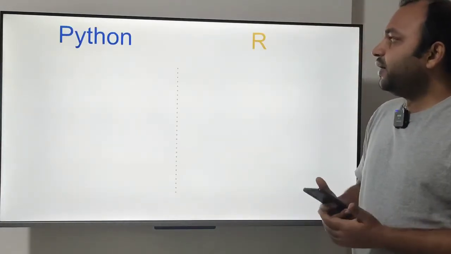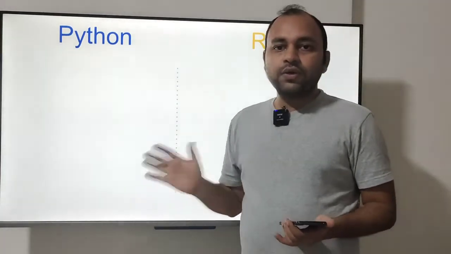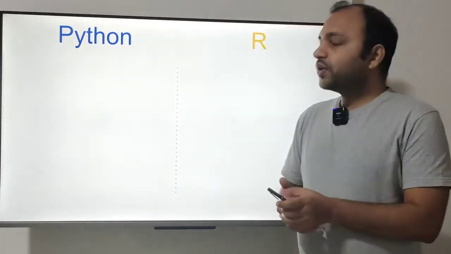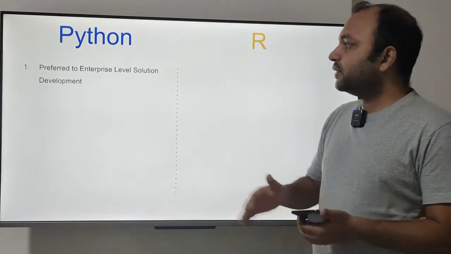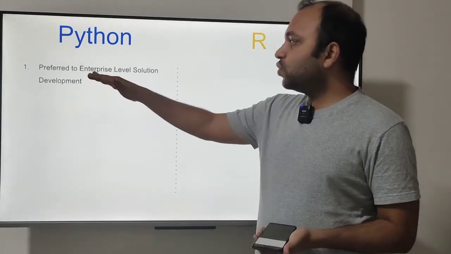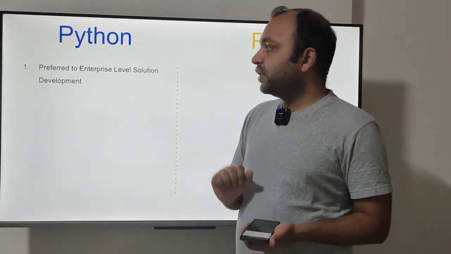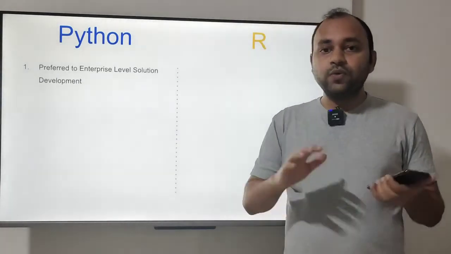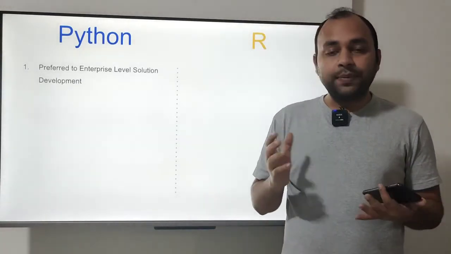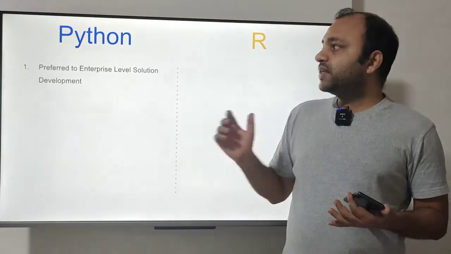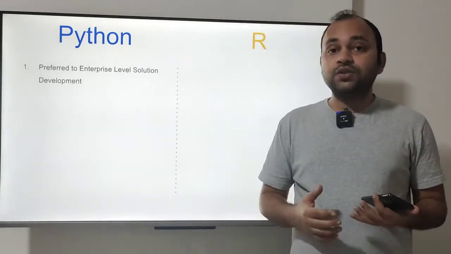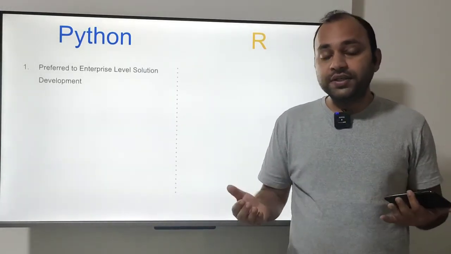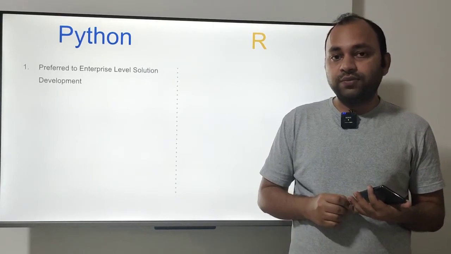Okay, so Python and R. Let me first list out everything about Python. Python is the preferred language for enterprise level development. If you are developing an enterprise level application, this is the language companies are using for it. Why?